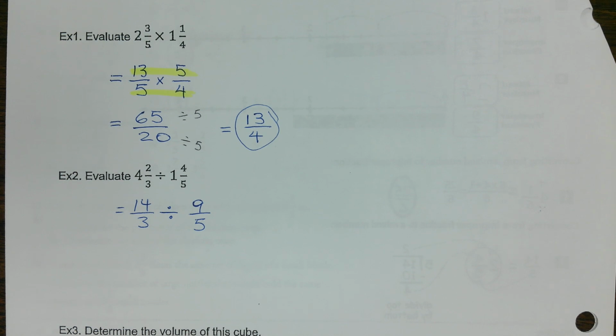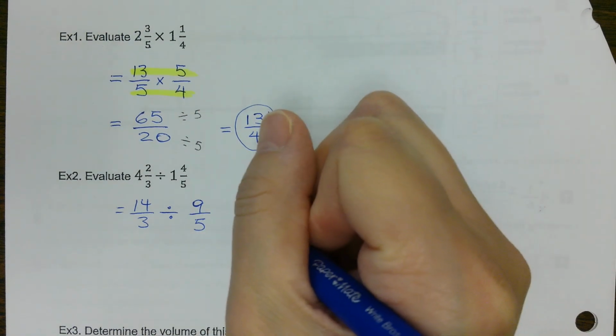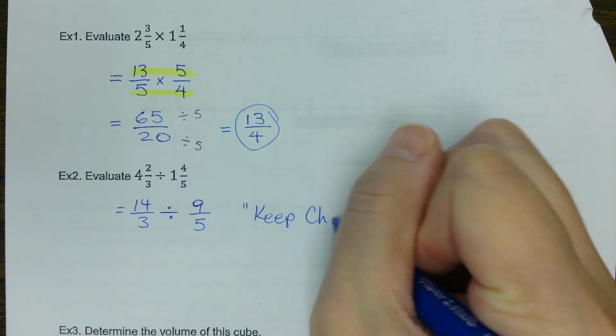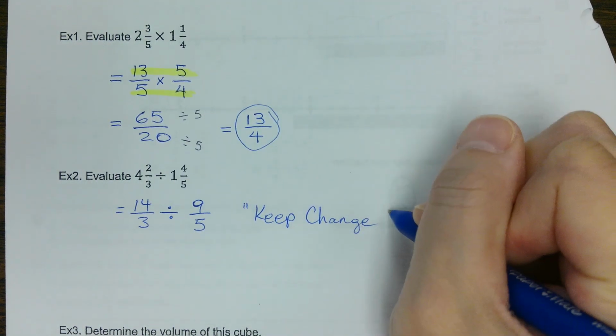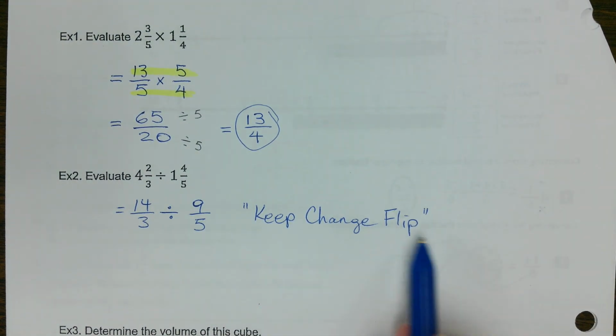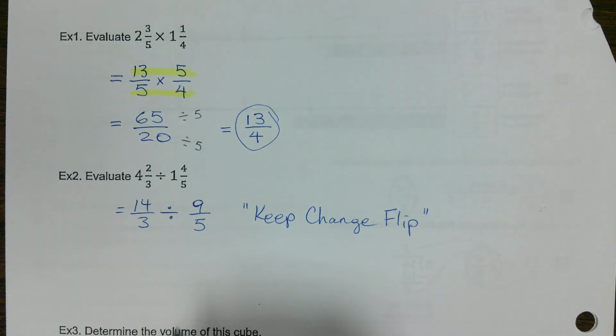Alright. So it's a division. How do I divide fractions? Yep. Good. Yeah. So there's something called keep, change, and flip. Okay. So almost KFC, but KCF. Alright.